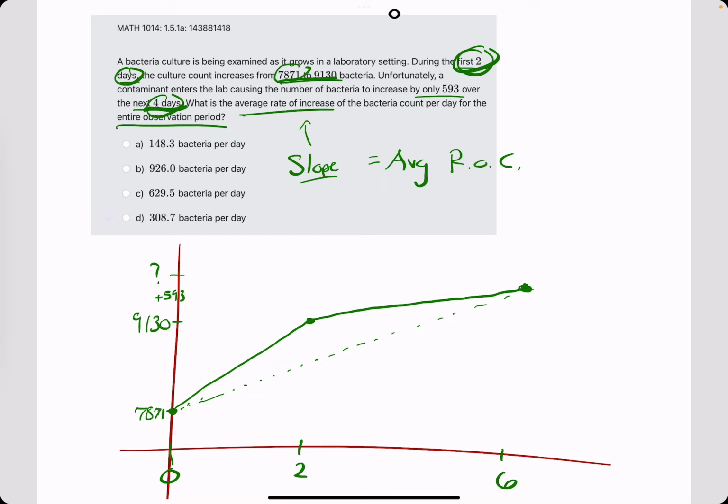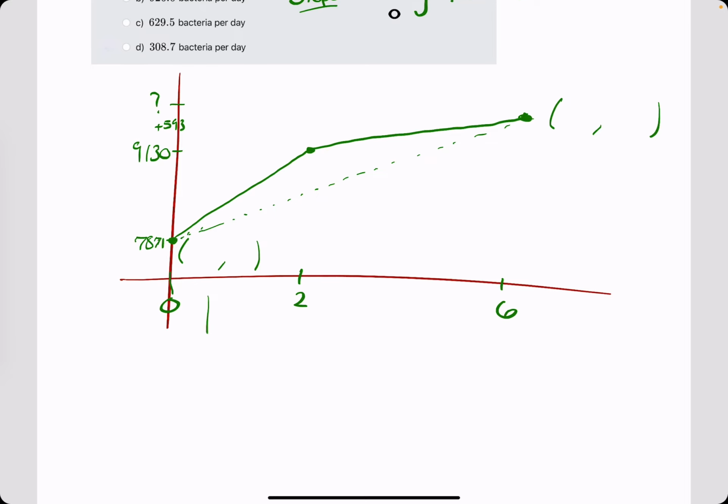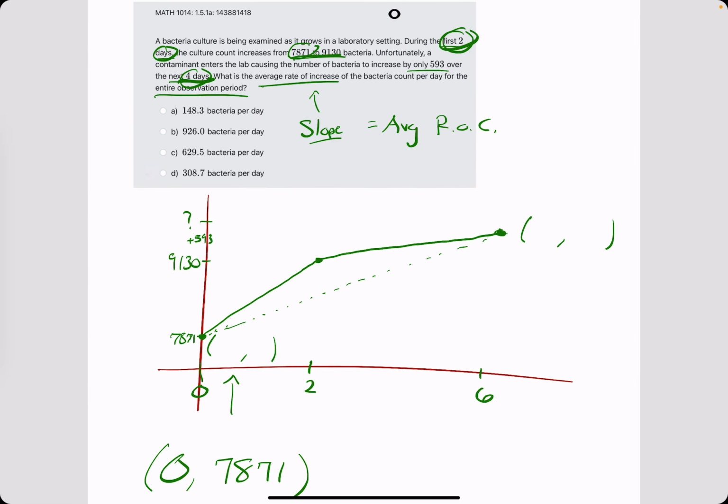So for slope, what do we need? We need an x and a y value at the end, but of course we also need the x and the y value at the start here. So at the very start, let's think about this ordered pair here. At the start, it's 0 and 7871. So when time is 0 at the very start, the population or culture count is 7871.